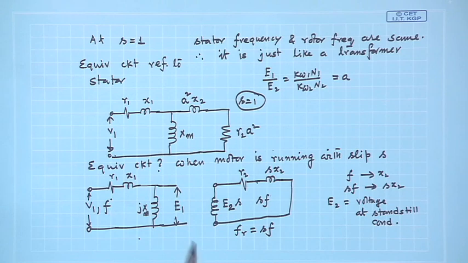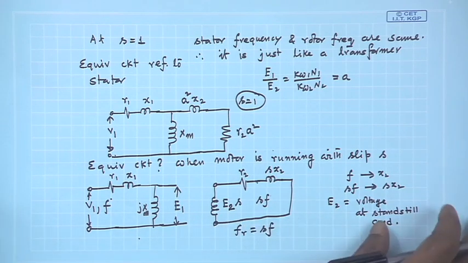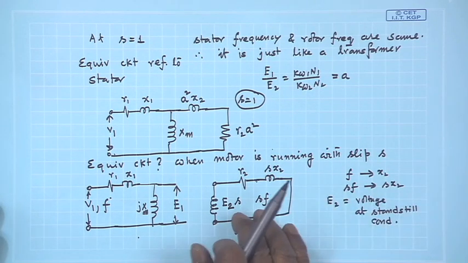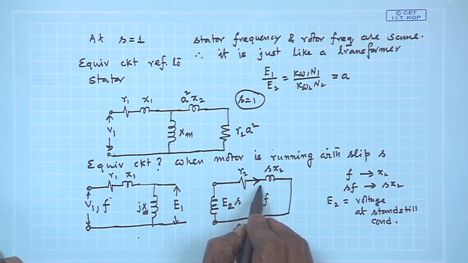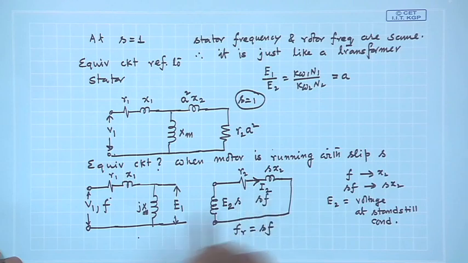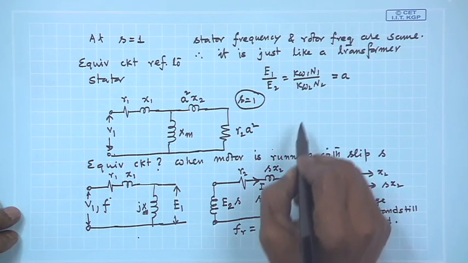Suppose the motor is operating at a slip S and the rotor current is I 2, and this current will be at frequency S f. What is the RMS value of this rotor current?